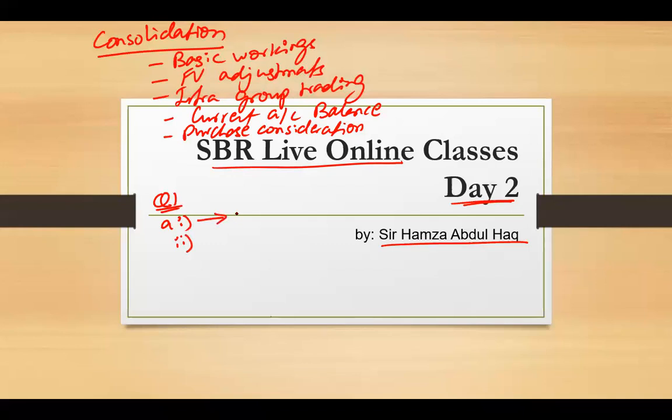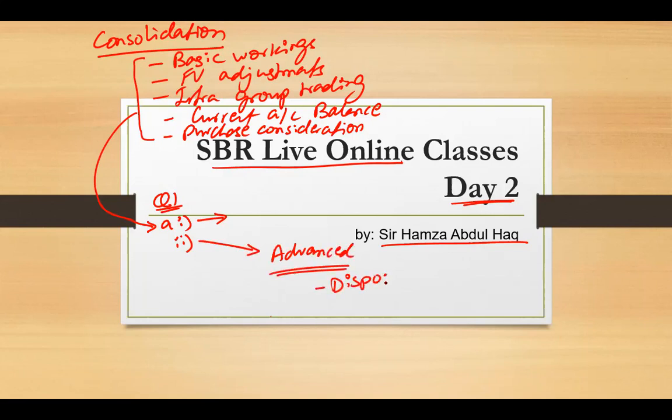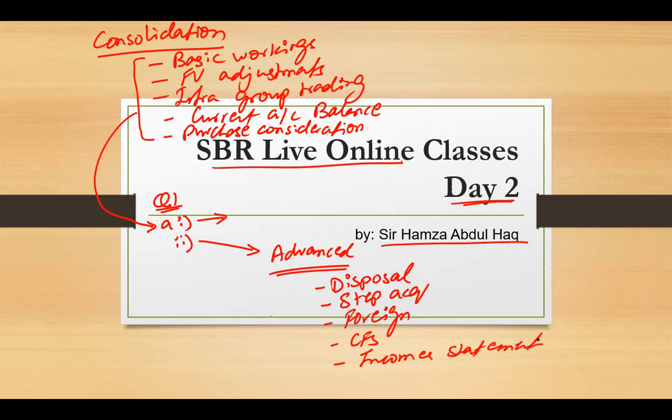Part 1 is normally going to be related to these areas, and part 2 is going to relate to some advanced consolidation areas, which includes the disposal, the step acquisition, the foreign subsidiary, the cash flow statements, and the income statement. So these are the areas which are normally part of the consolidation.